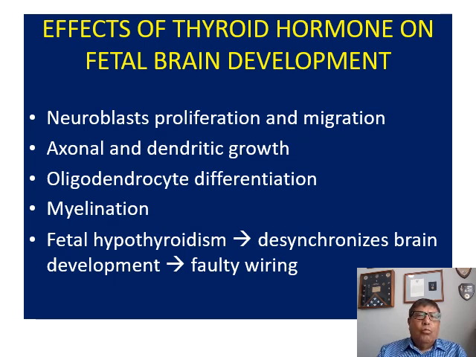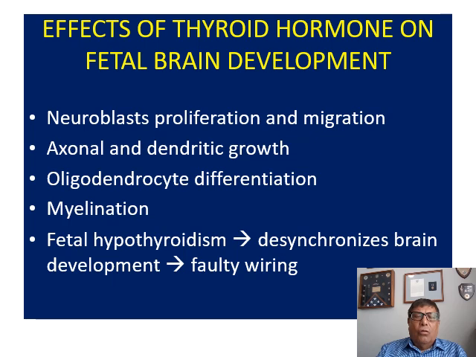So what is the effect of thyroid hormone on the fetal brain? What is the ramification of thyroid hormone deficiency for the fetal brain? Let's look at them. It is very important for development of neuroblast, proliferation of neuroblast, and the migration.